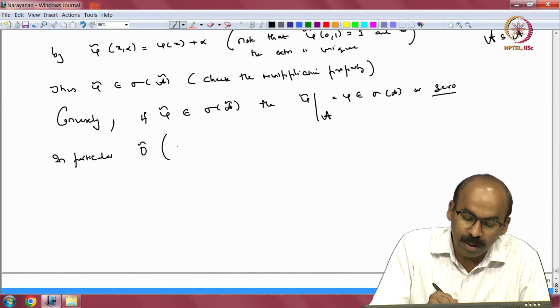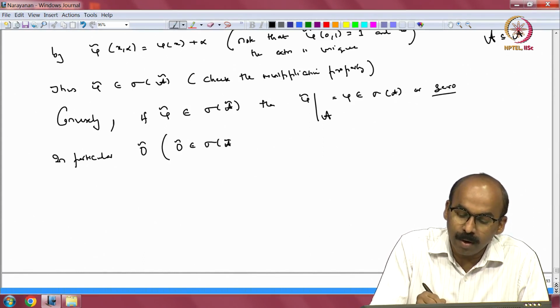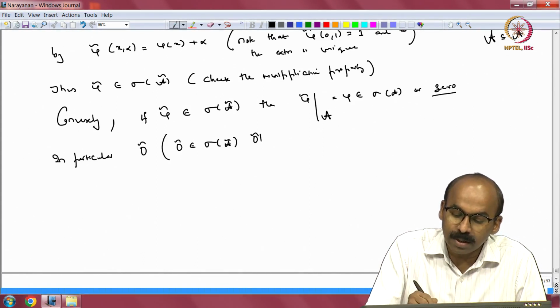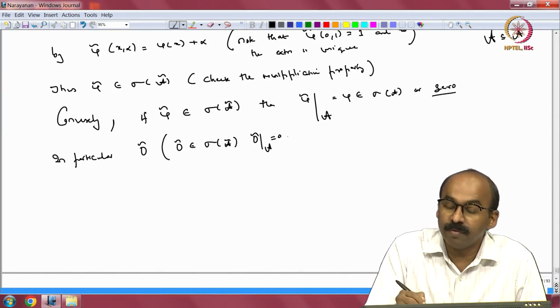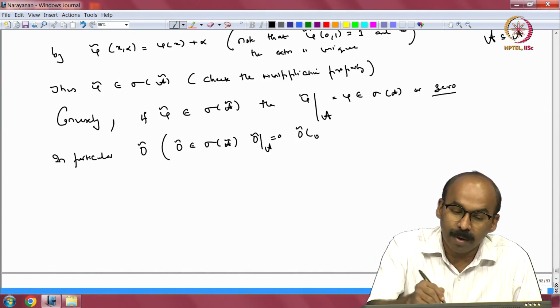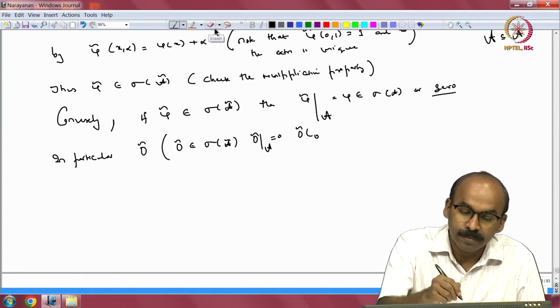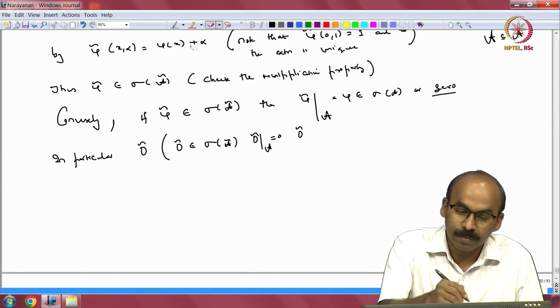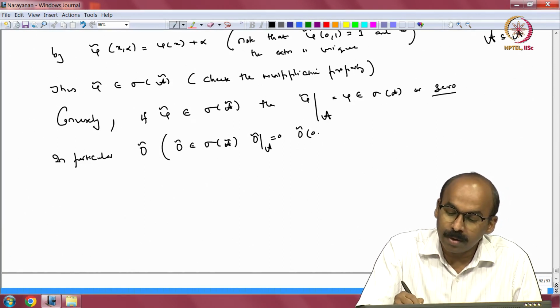So 0 tilde is in sigma A tilde, and how is it defined? 0 tilde restricted to A is 0, that is why we call it 0 tilde, and 0 tilde on the identity is 1.